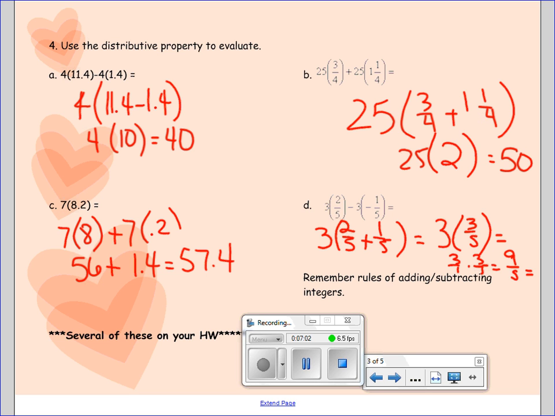Nine divided by 5. 5 goes into 9 one time with 4 left over. So again, first you need to add the opposite. Use a distributive property to simplify the problem.